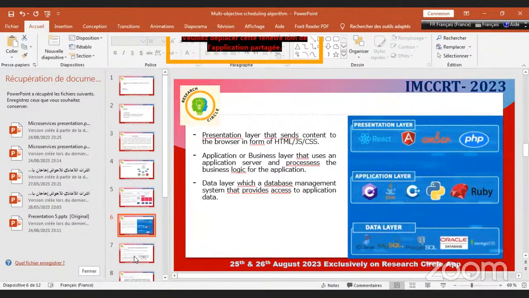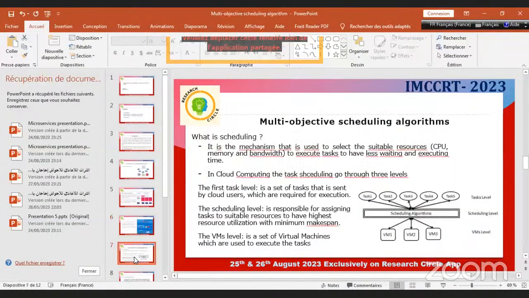We will move on to multi-objective scheduling algorithms. So what is scheduling? It is the mechanism used to select the suitable resources, CPU, memory, and bandwidth, to execute tasks to have less waiting and executing time. In cloud computing, task scheduling goes through 3 levels.